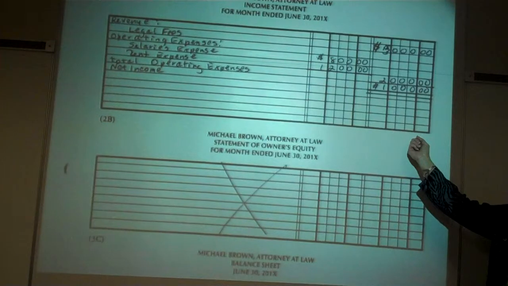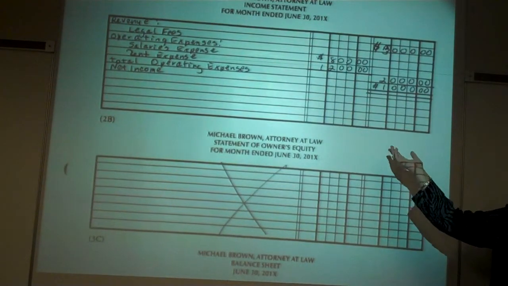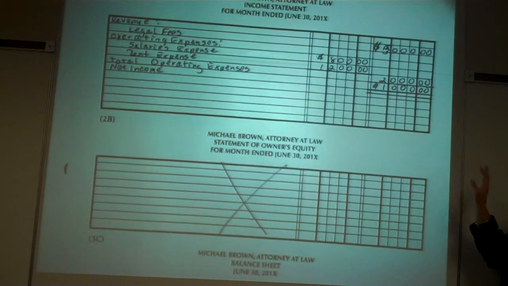Yes. Now we do, because we're doing it by paper. But if the computer does it for us, do we know what even goes on the income statement? No. It generates the form for us. We just say income statement. And that's the form we want. So when we're doing it paper and pencil, we will know why and the how.